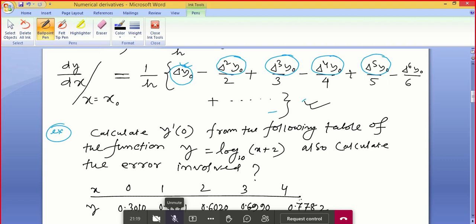Okay. And if you do the derivative of this function directly, dy by dx, what will be the derivative? Mathematical derivative: 1 by x plus 2, and that is log 10 base, so it will be log 10e. If it is simply log, then log e base e means 1.